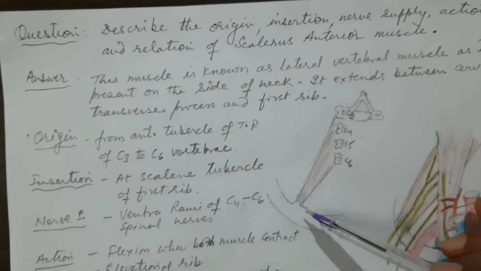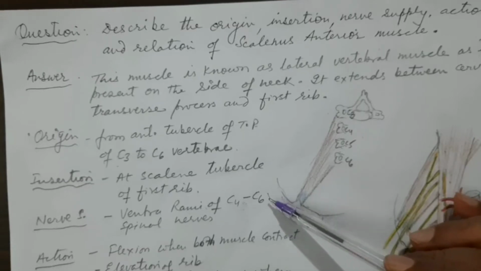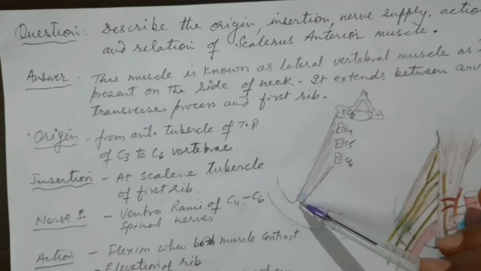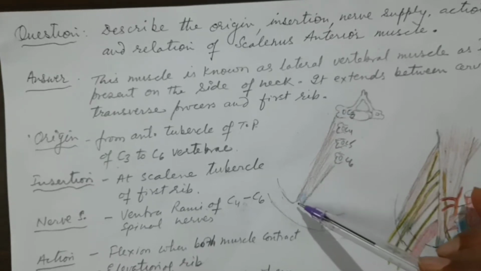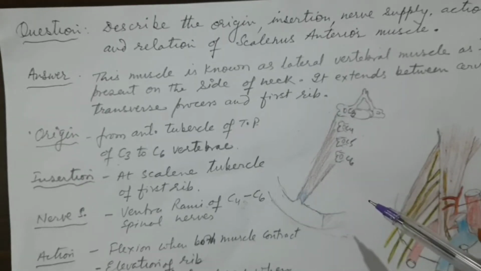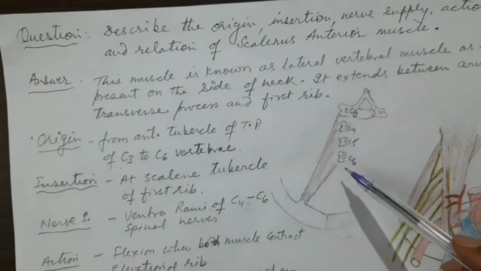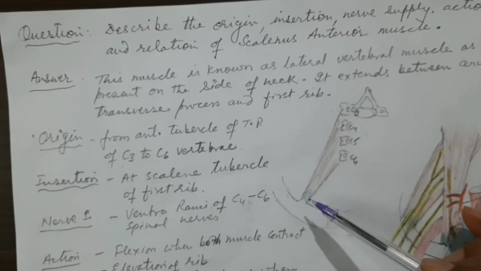This scalene tubercle is a small bump on the medial border of the first rib. This is the outer or lateral border of the first rib, and this is the medial or inner border. Close to the costal cartilage at its anterior end there is a bump, a tubercle, and on this tubercle the muscle is inserted. So the origin is wide and the insertion is narrow.